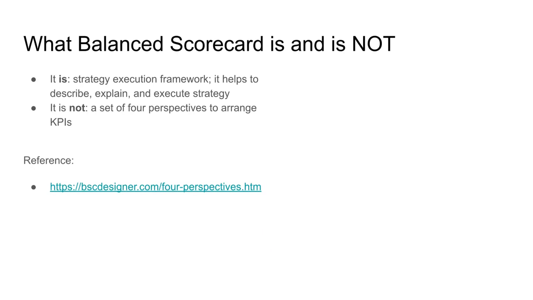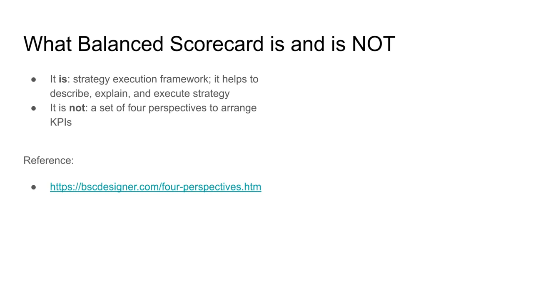A wrong answer is when people start explaining that with the balanced scorecard, yeah, we did it, and it's about having some indicators and putting them in 4 perspectives and some magic happens. Yeah, it doesn't work in this way. What it is, is a kind of framework that helps you to describe and execute your strategy.